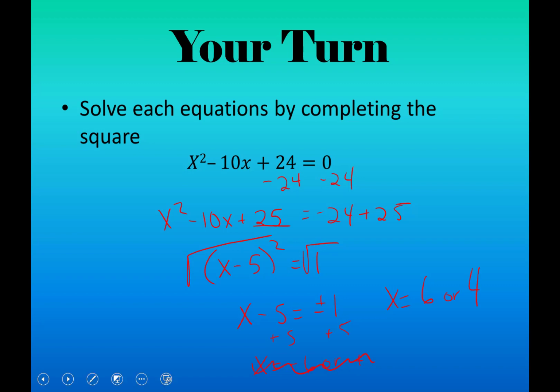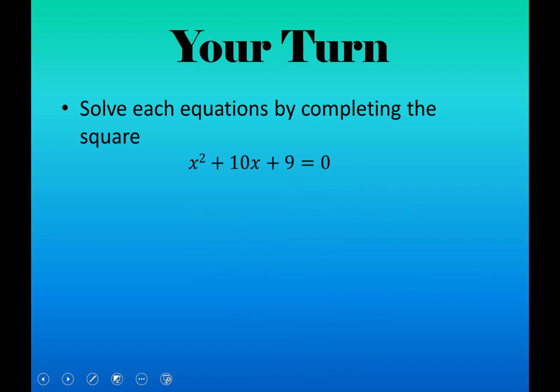We're on the x-axis. One more. Going here, subtracting by 9. X squared plus 10x plus something equals negative 9. Add 25 to both sides. Now, for my perfect square, remember I got 25 because half of 10 is 5, and 5 squared is 25.